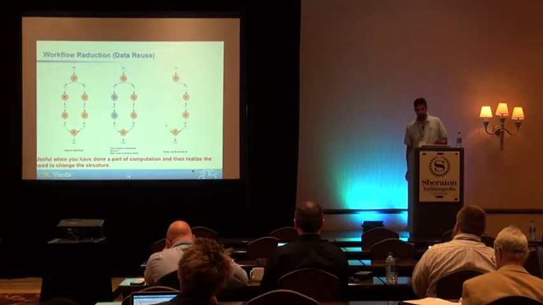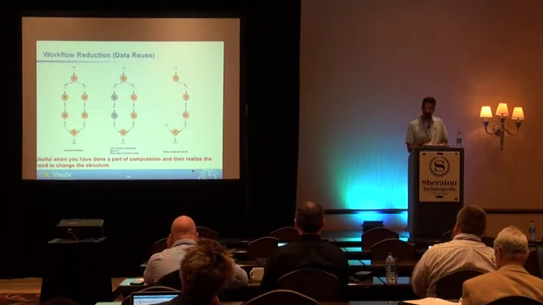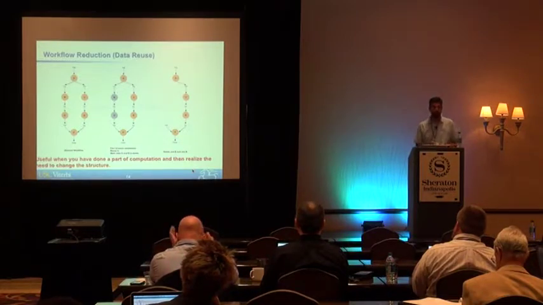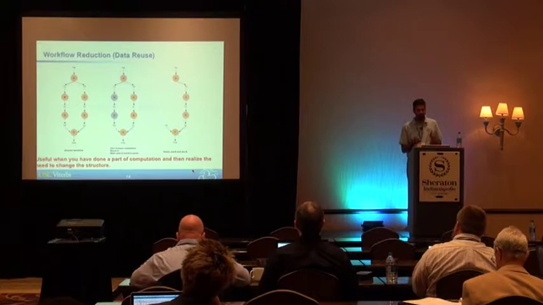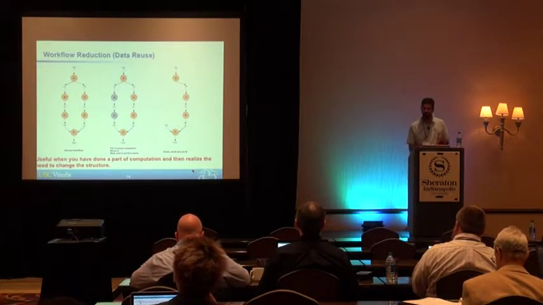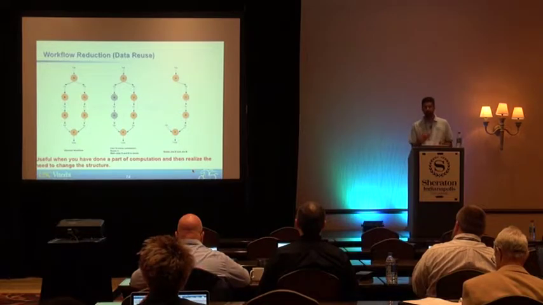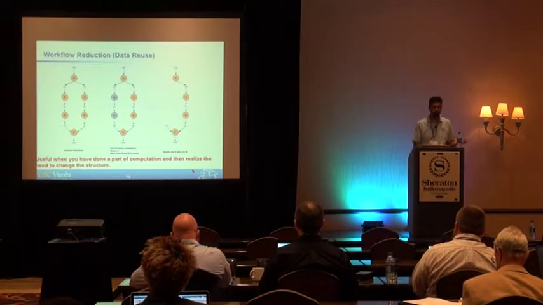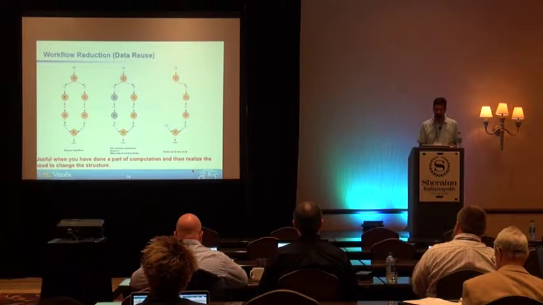So another thing which Pegasus is able to do more as a compiler type thing is workflow reduction or data reuse, where the premise is, let's say you have a long-running analysis pipeline and it fails midway because of errors. What options does Pegasus provide to our users to do failure recovery?